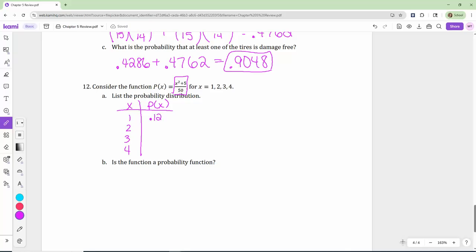If I put in a 2, 2 squared is 4, plus 5 is 9 out of 50. If I put in a 3, 9 plus 5, so 14 out of 50. If I put in a 4, 16 plus 5 would be 21 out of 50.